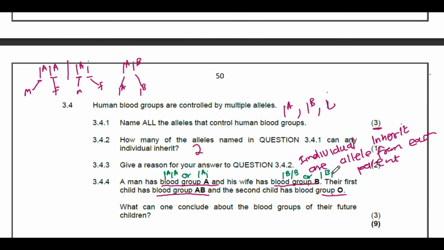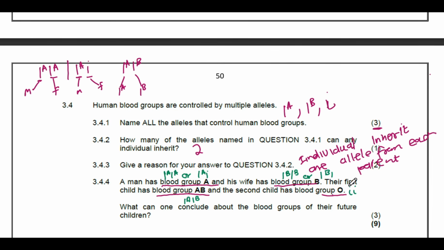Now, their first child is blood group AB, so that will be IA and IB. And their second child is blood group O, so two small letter i's. What can you conclude about the blood groups of their future children?